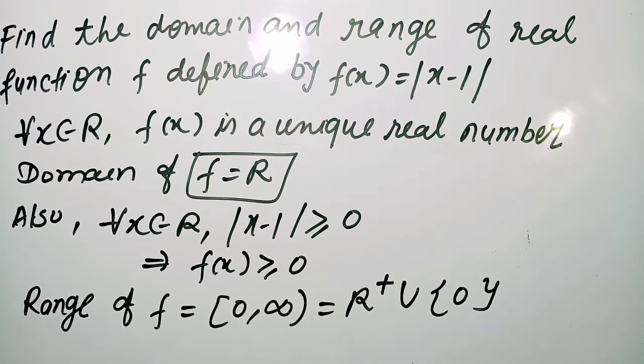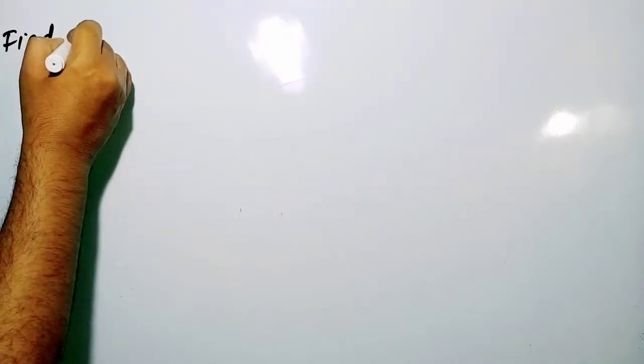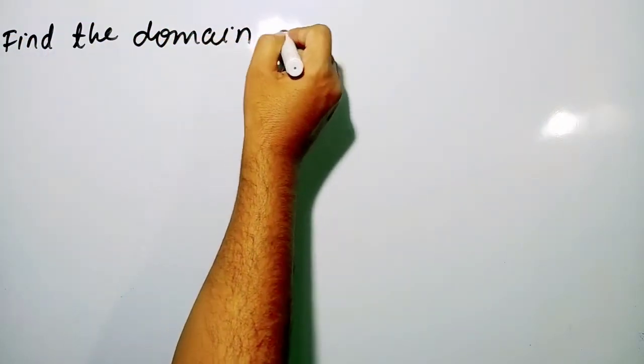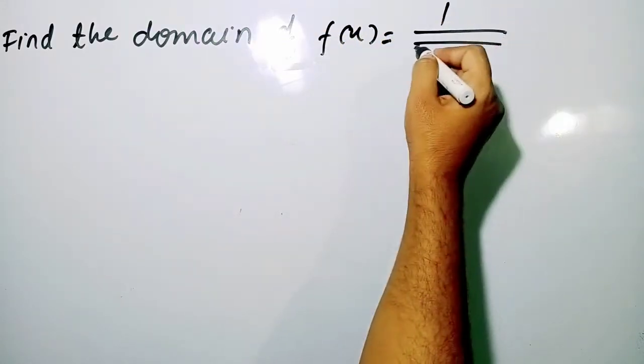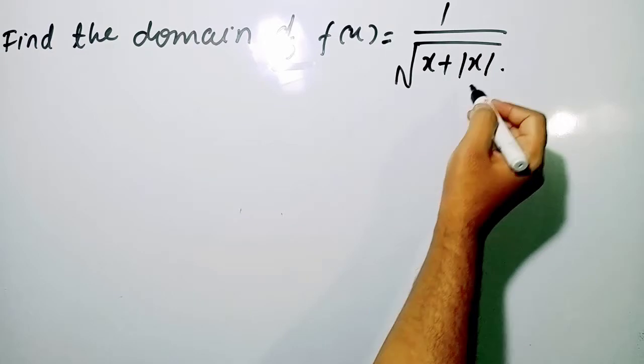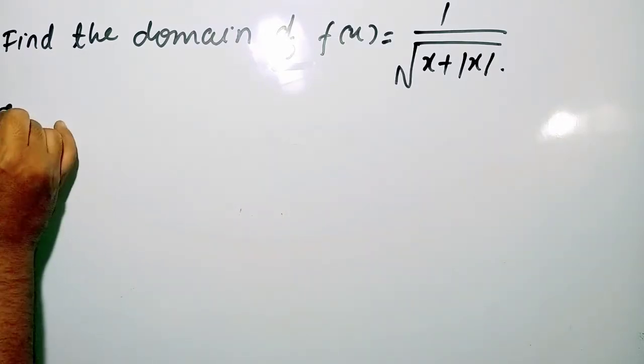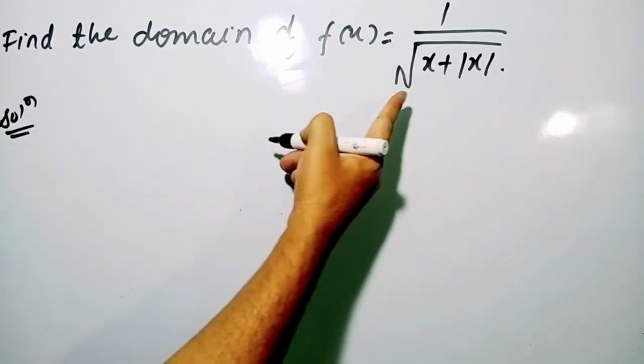Okay, students. To the next question. Find the domain of the function f of x is equal to 1 upon square root of (x plus modulus x). Let us see the solution.